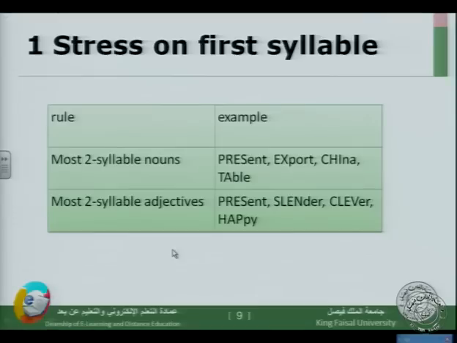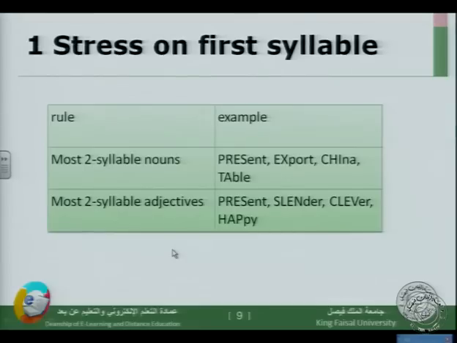فبالامتحان you need to differentiate first between nouns, adjectives, adverbs and verbs, and then you need to remember how many syllables each word has, and then the rules. So if in the exam you have the word present, and I ask you where is the stress on the word, you need to go back.